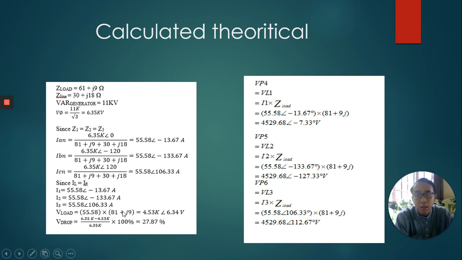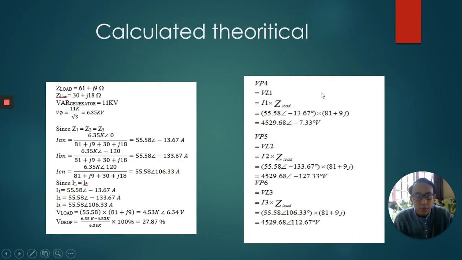The formula is current times impedance. For the voltage drop, you can use this: 6.35 minus 4 kV, divided by 6.35 kV, times 100%. So the drop is 37.87%.